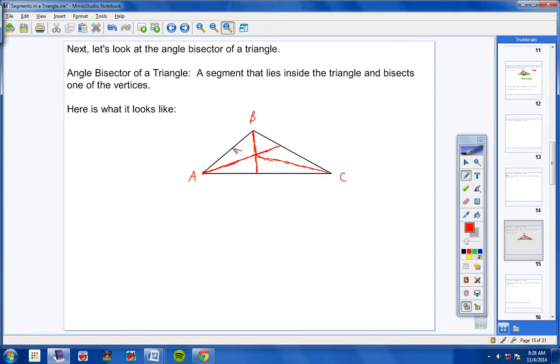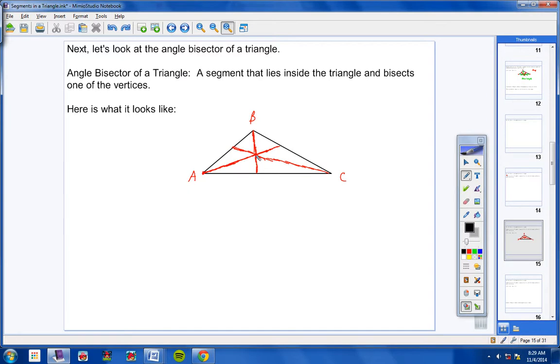So there we go, okay? So an angle bisector is a segment that bisects a vertex of a triangle. Remember, a vertex is this angle right here. Okay, these are called the vertices, plural form, of a triangle.